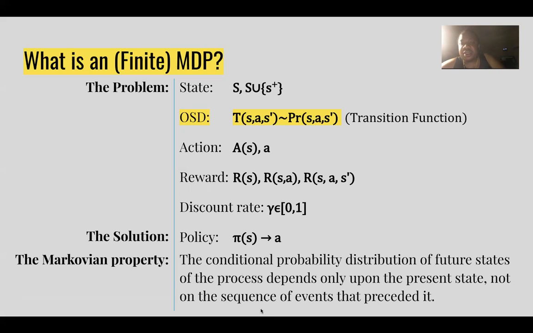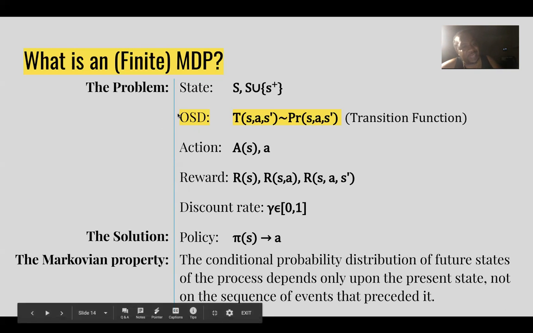And that's basically what the Markovian property is telling us, that the future states that we enter don't depend on any past states other than the present state that we are in right now.